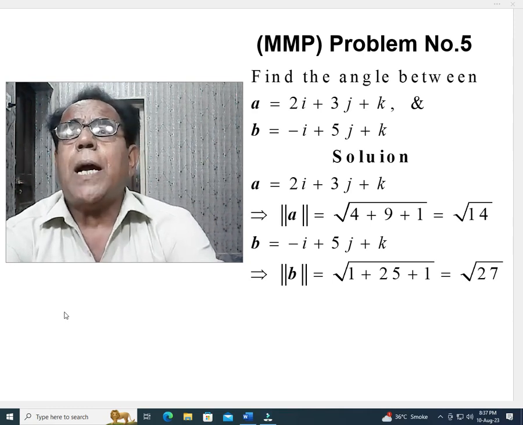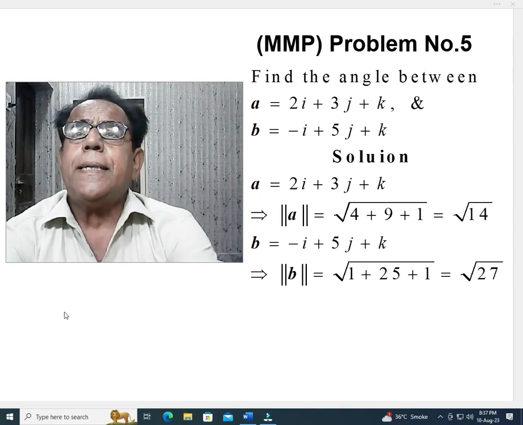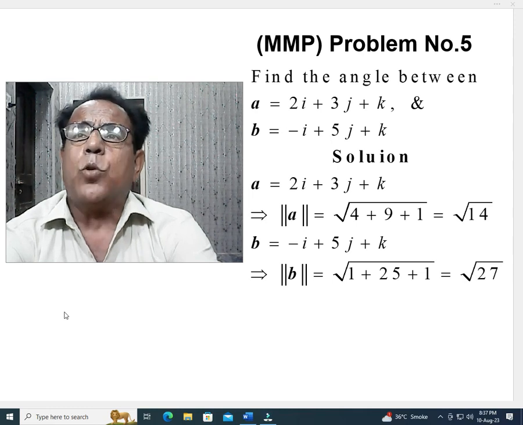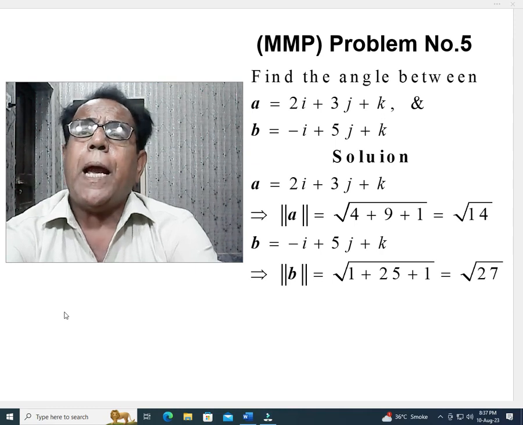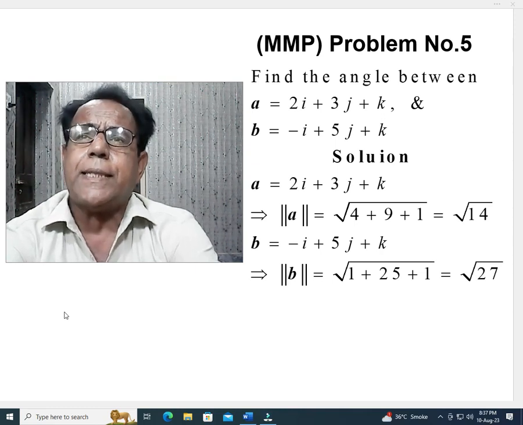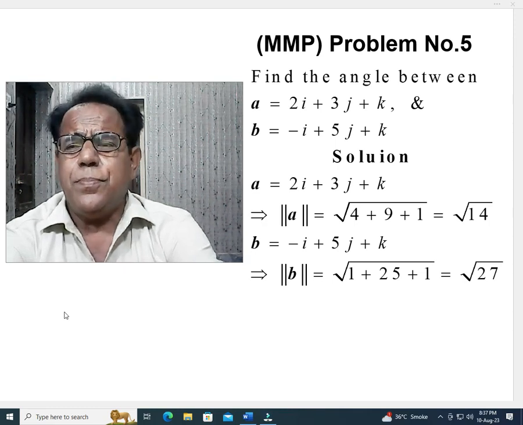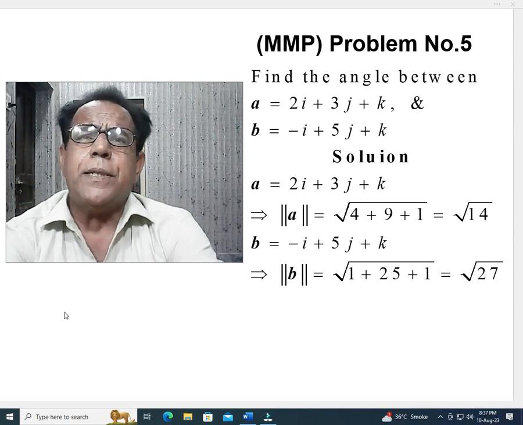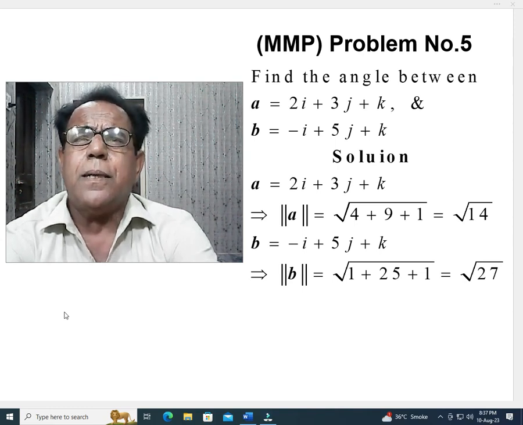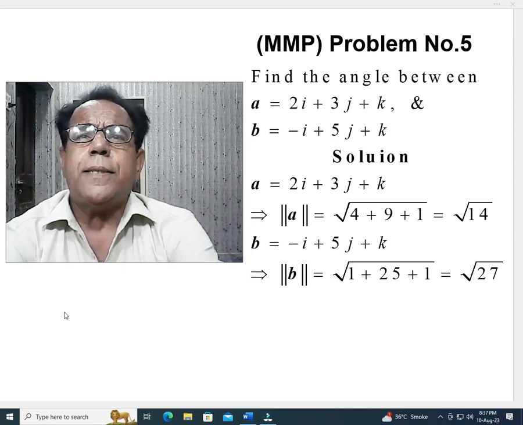Out of these 5 problems, the first problem, that is this problem, has been taken from an example in the book, while the remaining 4 problems in this video have been taken from the exercise. It does not make very much difference whether a problem comes from an example or an exercise. We have to solve in both cases.